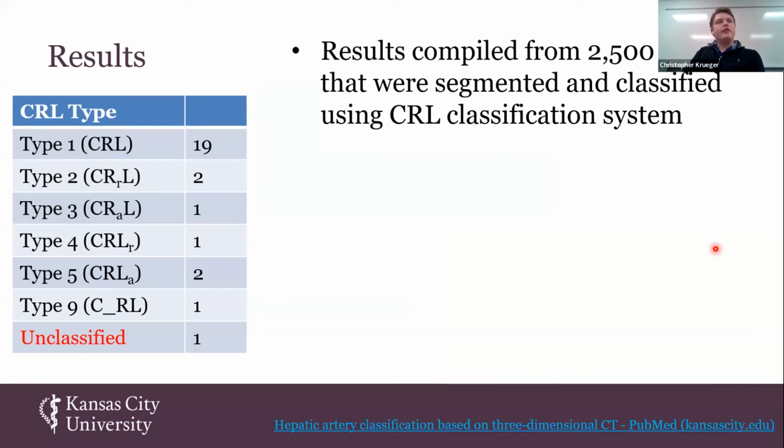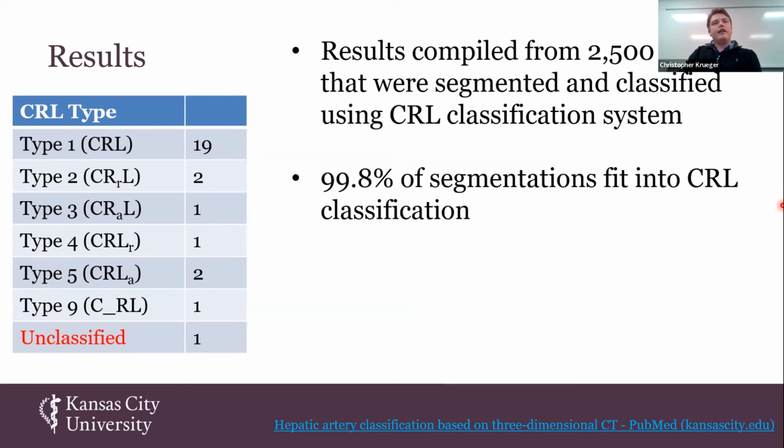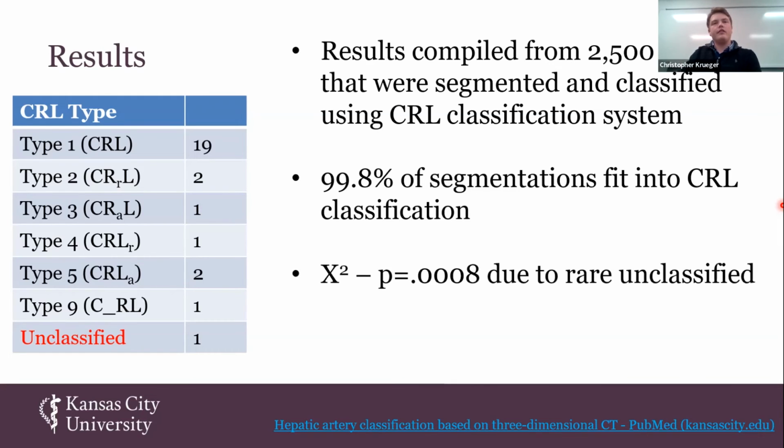From the study that made the CRL classification system, they compiled 2,500 patients and classified them into their system. And they found that 99.8% of their segmentations fit into the classification system. So then I compared my data with their data using a chi-square value, and I got a p-value of 0.0008, which is very significant, and that's due to my unclassifiable variant.